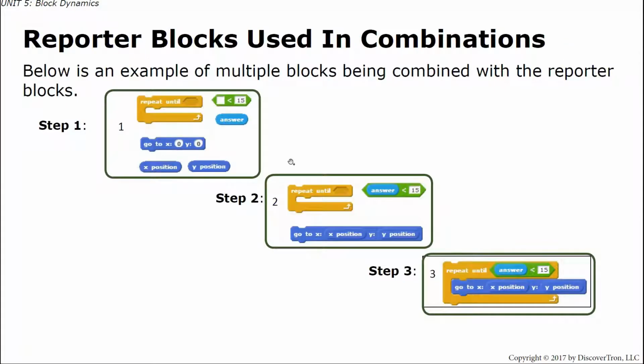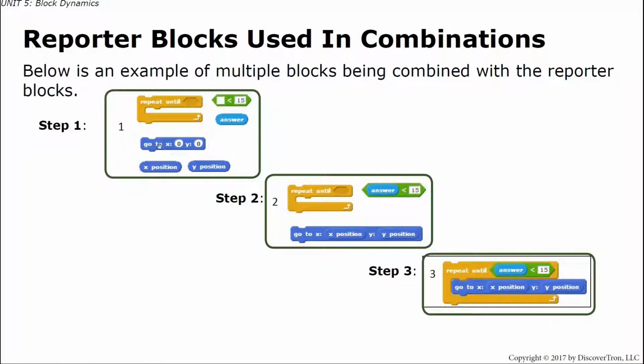In this example, I wanted to show you that you can take the reporter blocks and use multiple reporter blocks with different types of blocks within the same block of code that you program. In this example, we're using the repeat until C block. It's going to be combined with this Boolean hex block, and then we have this blue reporter block from the sensing category.